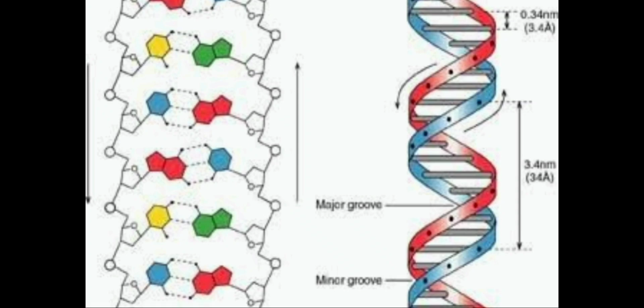It is adenine that pairs up with thymine, and the bonding between adenine and thymine is a double bond, whereas cytosine pairs up with guanine, which makes a triple bond between them.